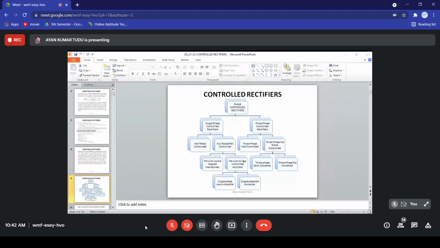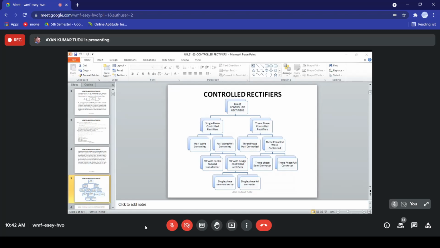The controlled rectifiers can be divided into two parts: single phase and three phase. Again, as we have done for uncontrolled rectifiers, we will divide the single phase into half wave control and full wave control.